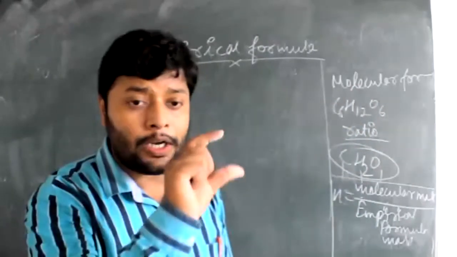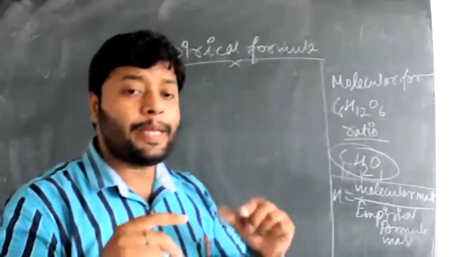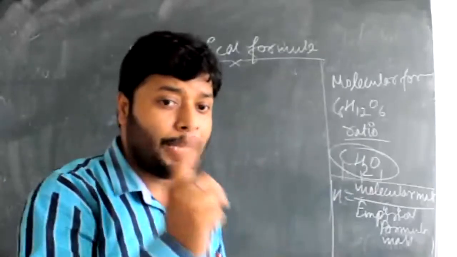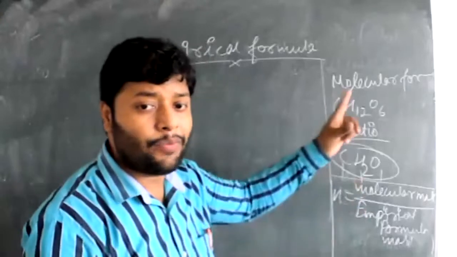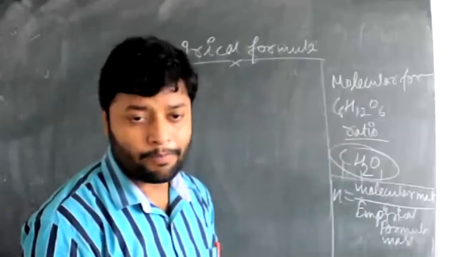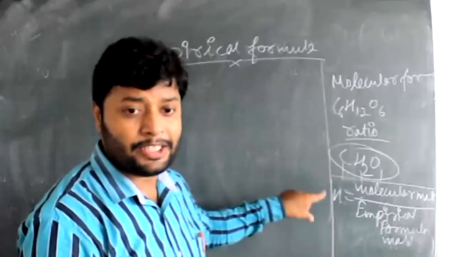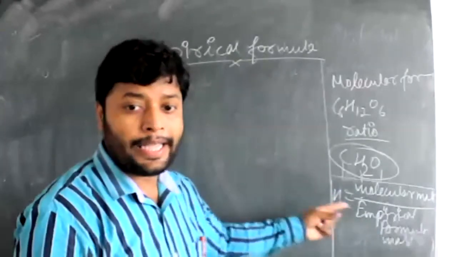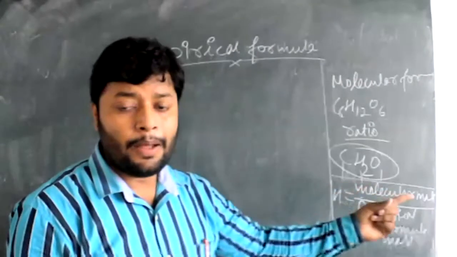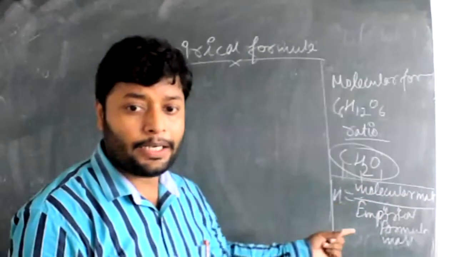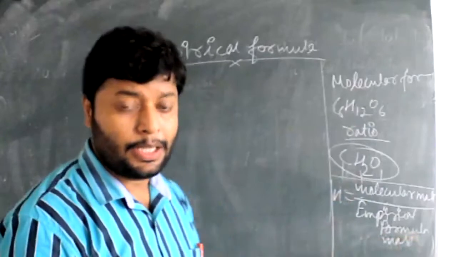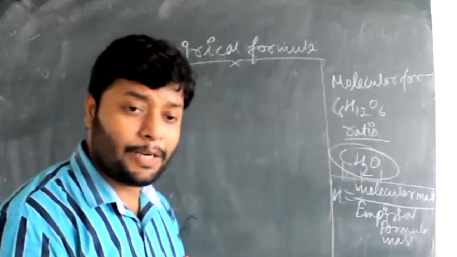That 6 is called the integer, meaning how many times we have to multiply to get the real formula, the molecular formula. That number, called n, can be obtained from the ratio of molecular mass upon empirical formula mass.